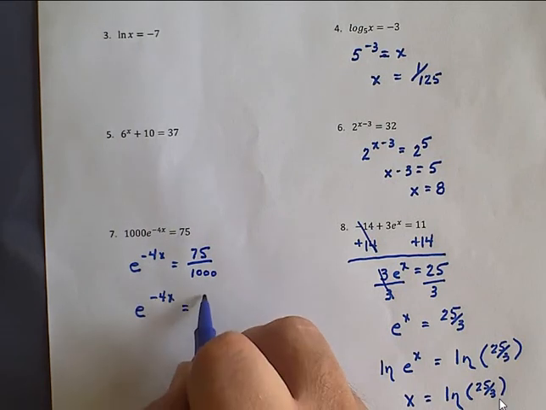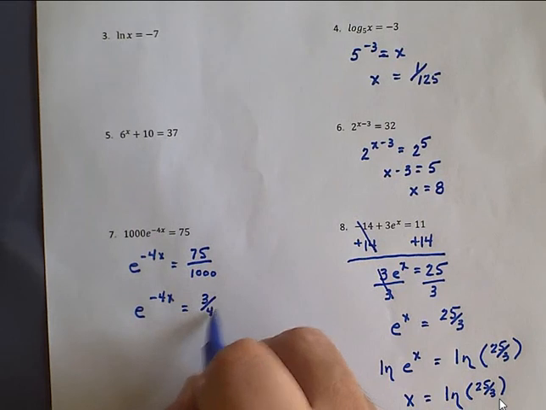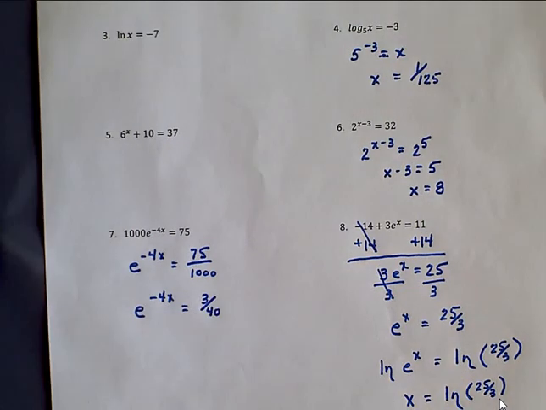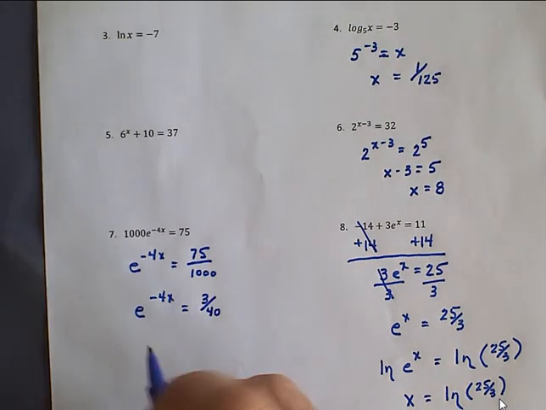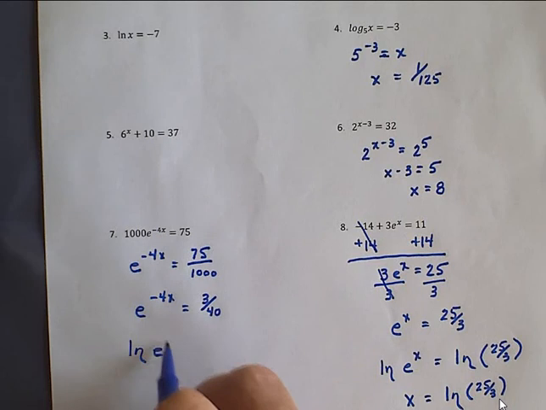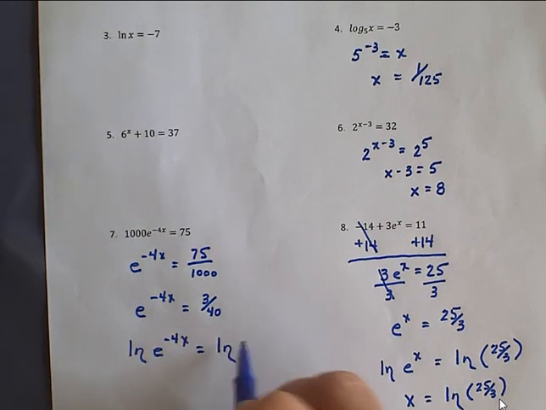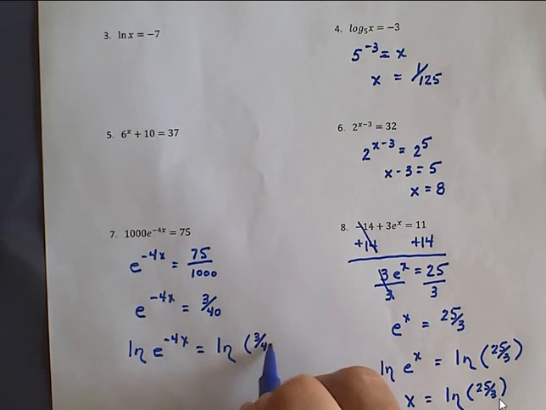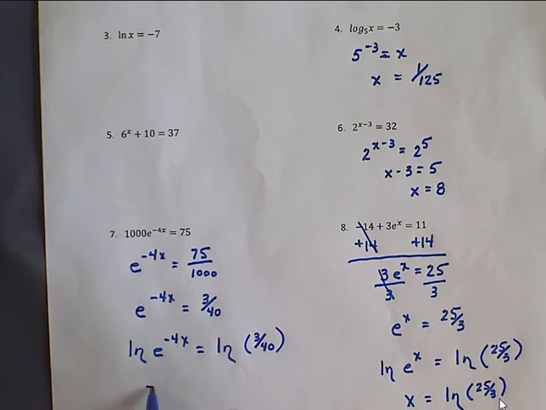Now, I can't do anything with this until I get rid of that e. So I'm going to go ahead and take the natural log of both sides. So the natural log, and over here I've got the 3/40. So this becomes negative 4x is all that's left now.